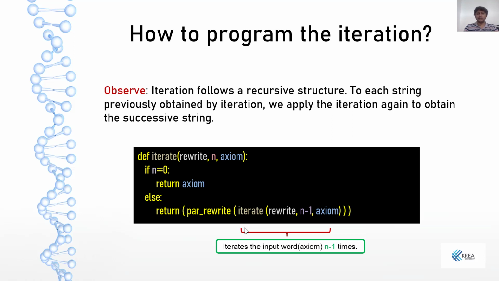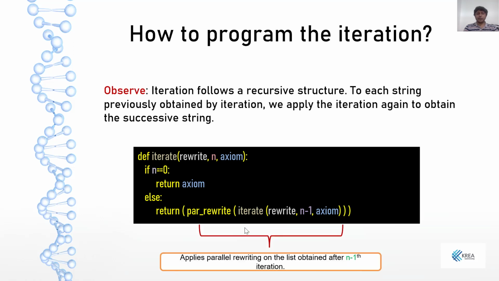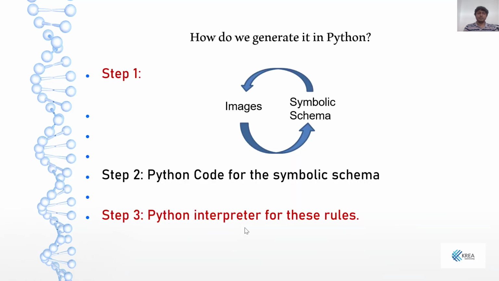So using the rewrite rules, you rewrite your input word n minus 1 times. After you rewrite it n minus 1 times, you do a parallel rewriting on the word, and at each point it does parallel rewriting and keeps iterating again and again. So that's essentially how your iterate function works.